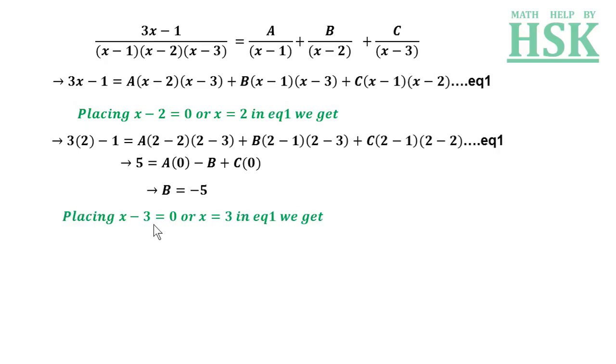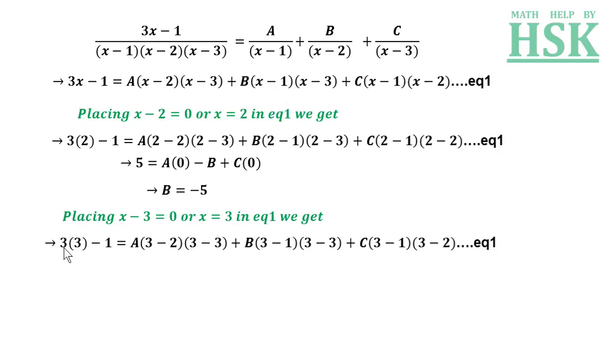Similarly, placing x minus 3 equal to 0, or x equal to 3, in equation number 1, we are going to get the value of c. So this will be 3 into 3 minus 1 is equal to a into (3 minus 2)(3 minus 3), this is going to become 0. b into (3 minus 1)(3 minus 3), this is again going to become 0. 3 minus 1 is 2, 3 minus 2 is 1, so I'm going to get this as 2c.